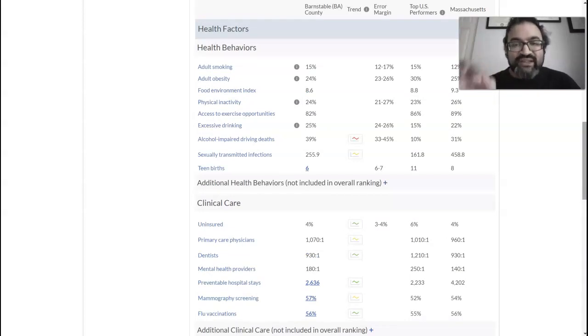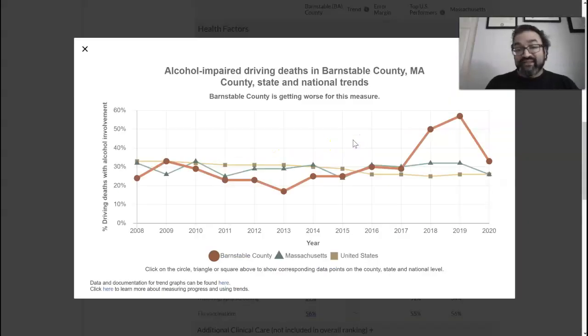What I really like about this is the empirical nature of it, in that you're seeing concrete percentages and percent change. These are all very important. Some of this doesn't have trend data, so temporal data may not always be readily available. But with alcohol impaired driving deaths, you actually have some trend analysis which you can look at further to see if there's improvement or decline.